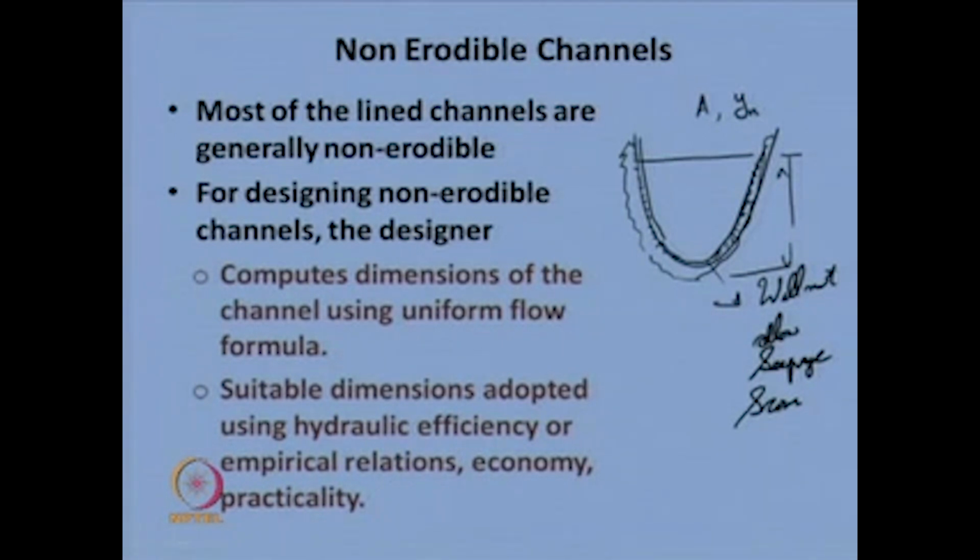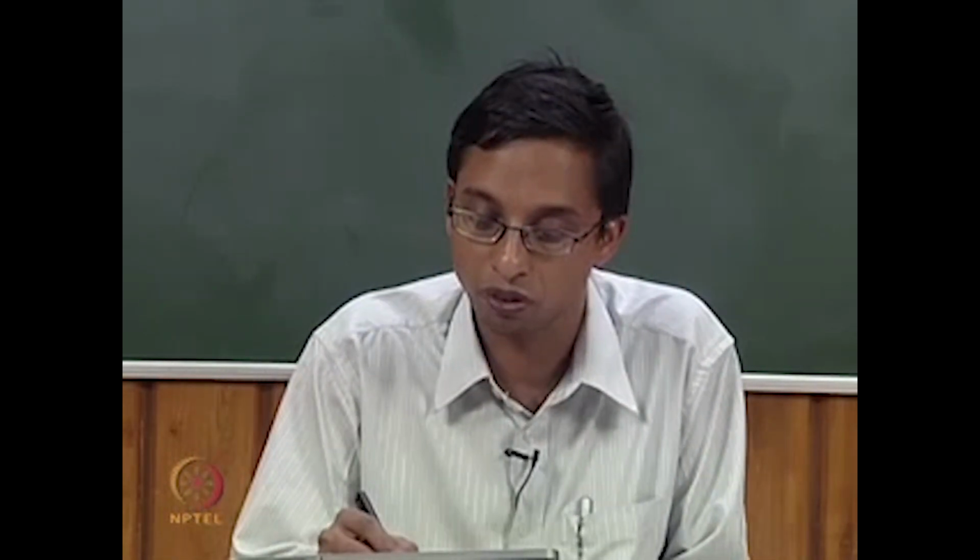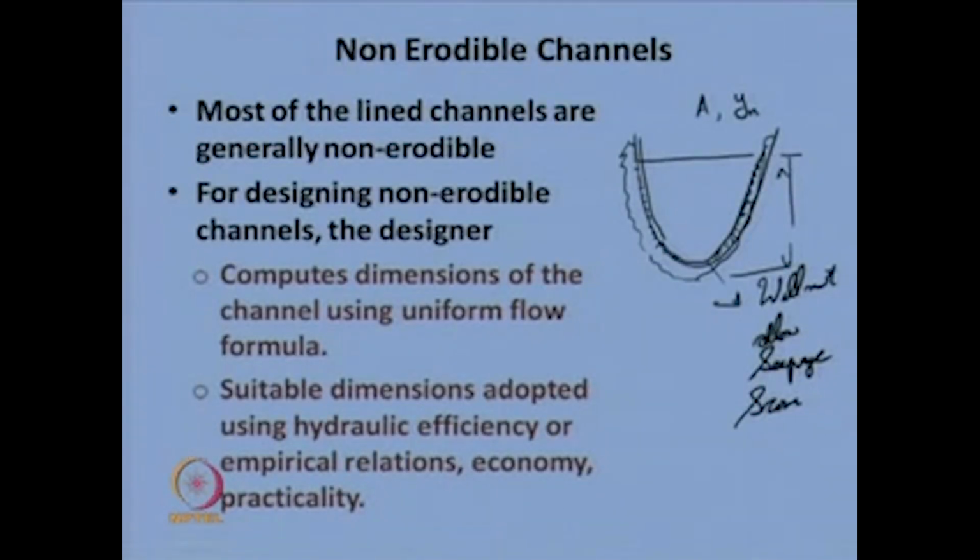Based on that, one can decide the dimensions of the channel, and what type of channel is to be incorporated, or for a given amount of flow, what depth is required. He can compute it using the uniform flow approximations. You have already seen how to compute uniform flow.